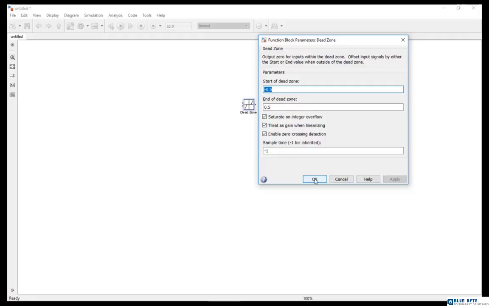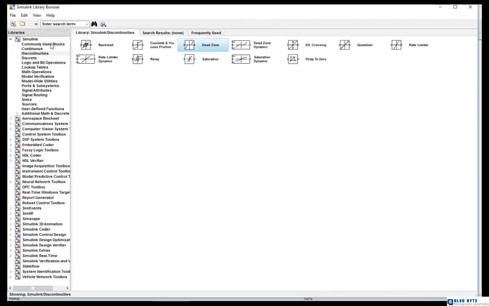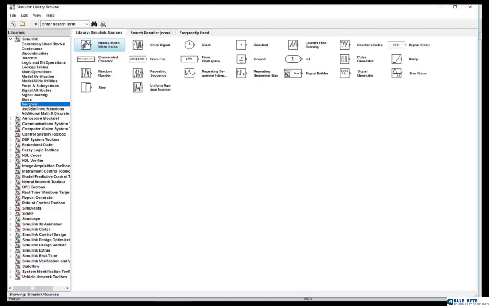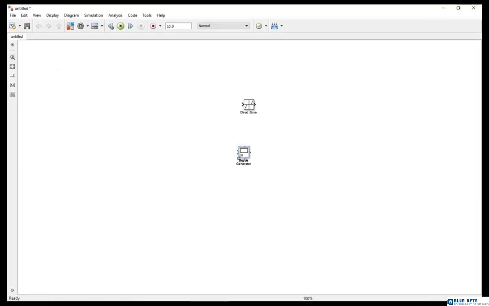Now I explain this block with one example. I do the same work on this block like the previous simulation. I consider the signal generator as a sinus wave.